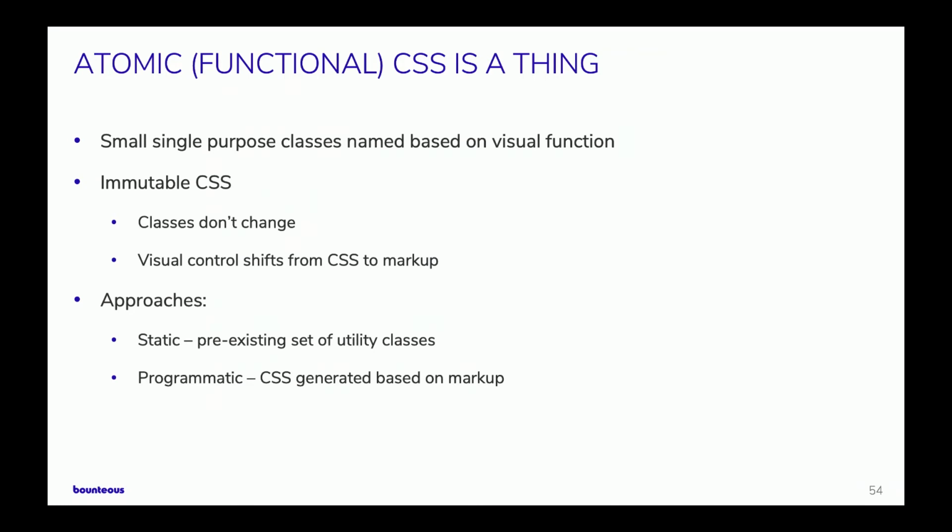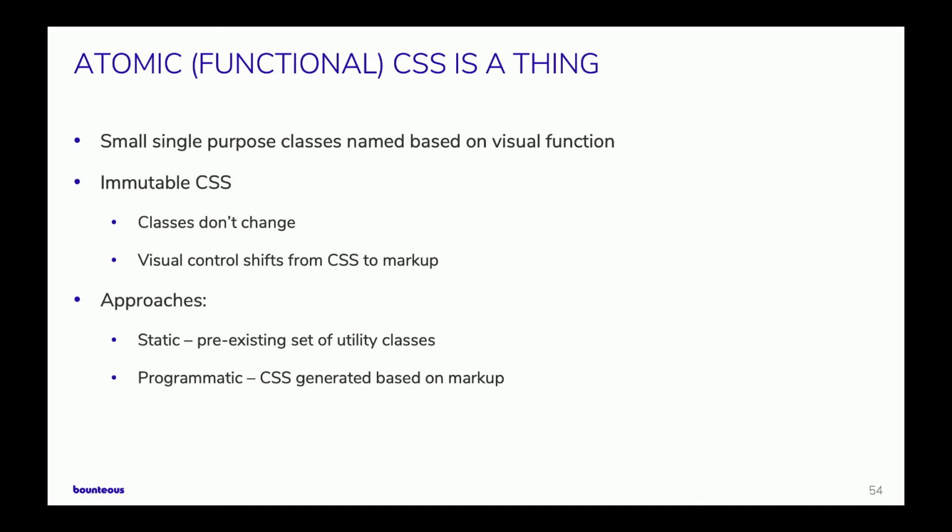There's also a trend with atomic or functional CSS that I've heard about increasingly lately. Is anybody familiar with atomic CSS? Couple hands, cool. So the idea here is that you instead use small single-purpose class names that are named based on what they do.